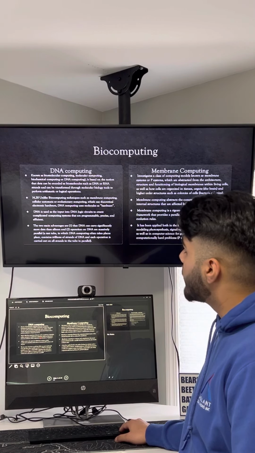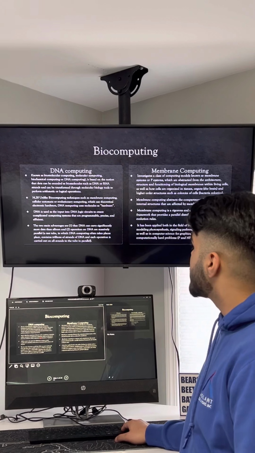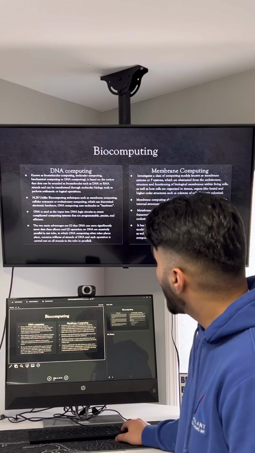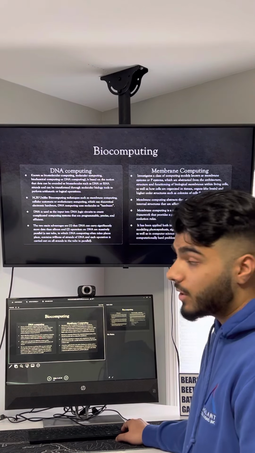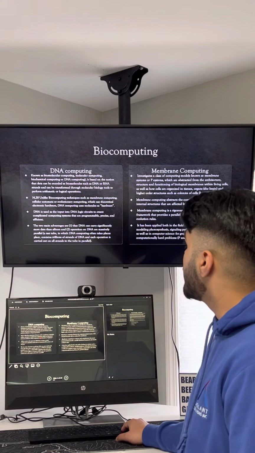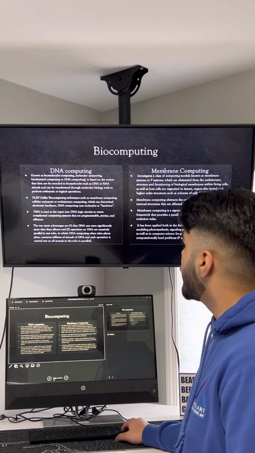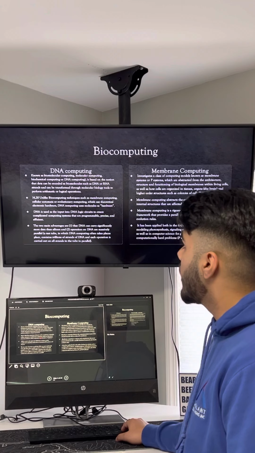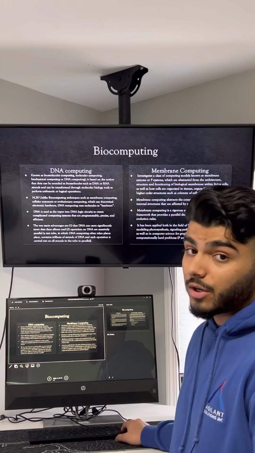biochemical DNA computing, or DNA computing, is based on the notion that data can be encoded as biomolecules, such as DNA or RNA strands, and can be transformed through molecular biology tools to perform arithmetic or logical operations.